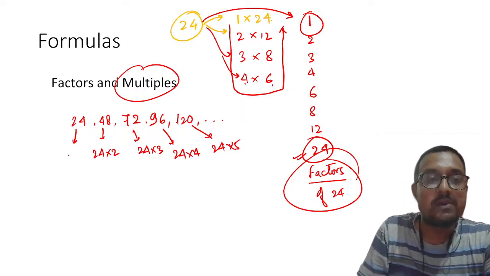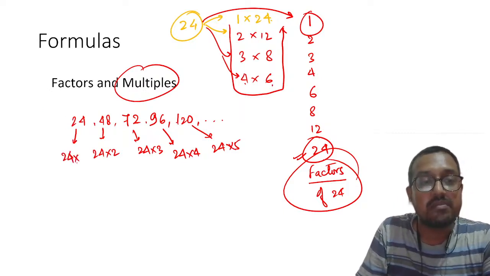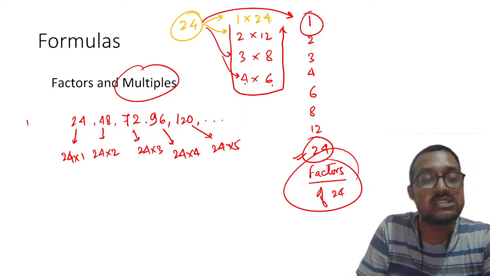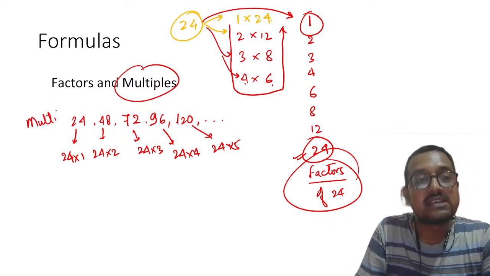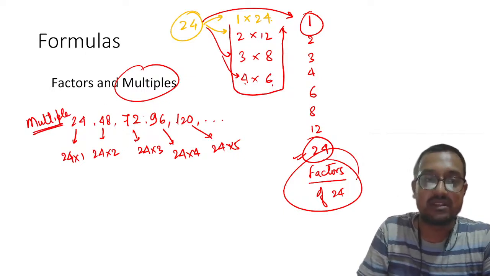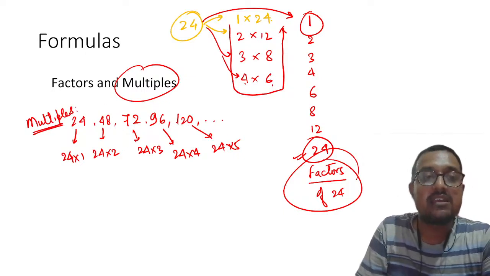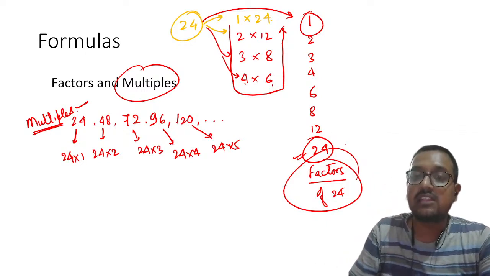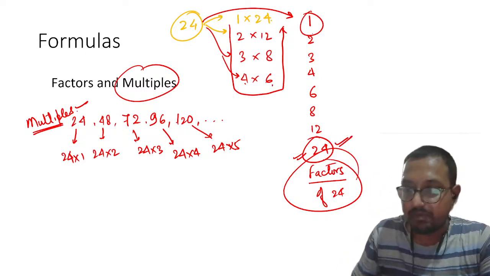Understood? These are called multiples because 24 is being multiplied with other numbers. One thing you can notice, multiples are always greater than the original number, whereas factors are smaller than or equal to the same number.